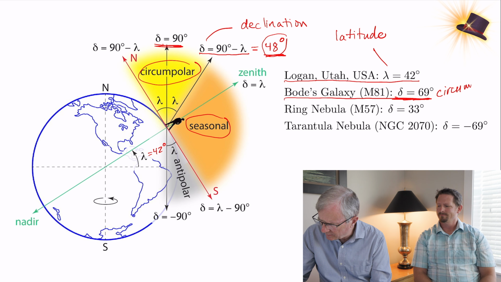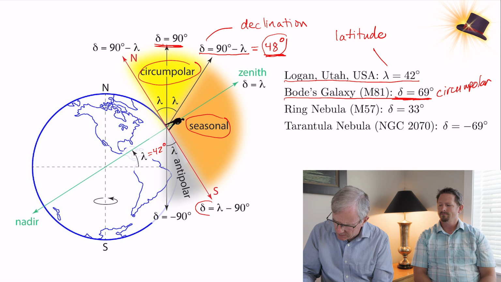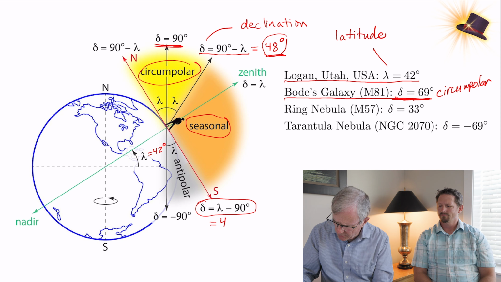All right, what's the dividing line between seasonal and antipolar? That's this one right here. In this case, I want the latitude, 42 degrees, minus 90 degrees.